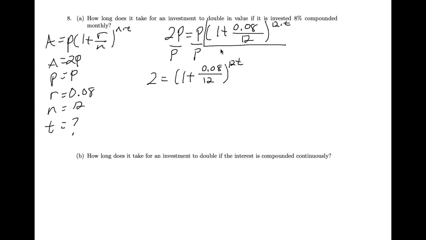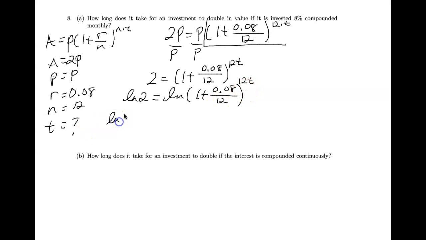In order to bring down that t, you can log or ln both sides. I'm going to choose to natural log both sides. This would be ln 2 equals ln of (1 plus 0.08 divided by 12) to the 12t. The 12t is going to come down as a factor, and I need to finish solving for t.